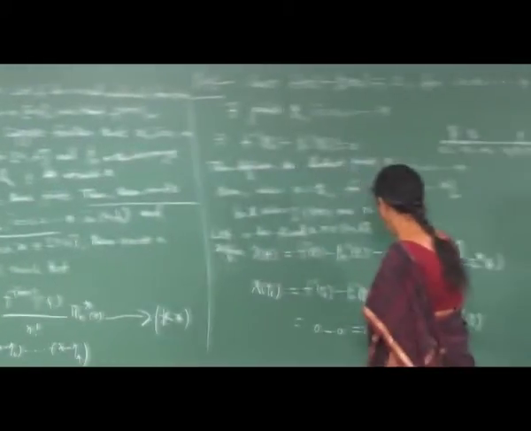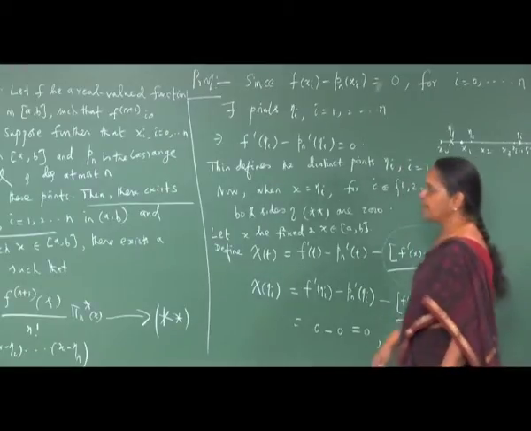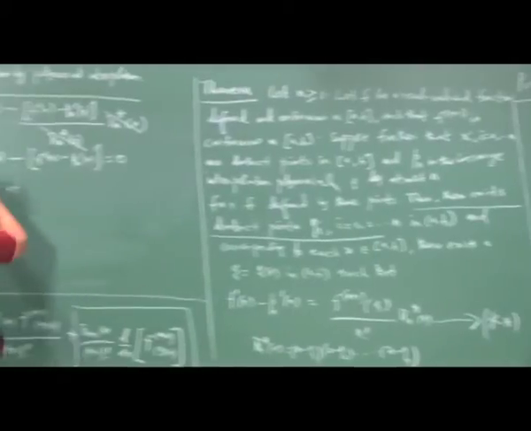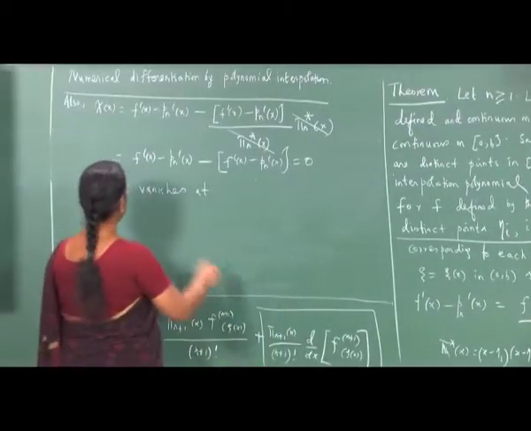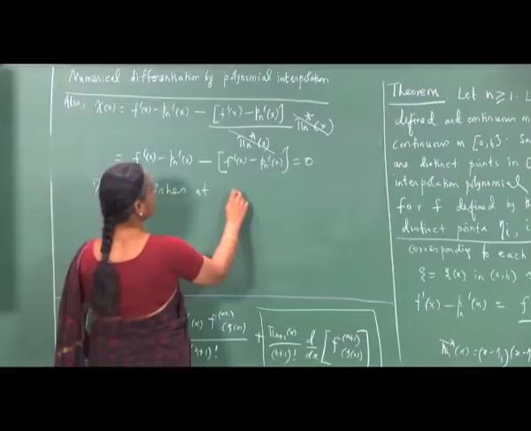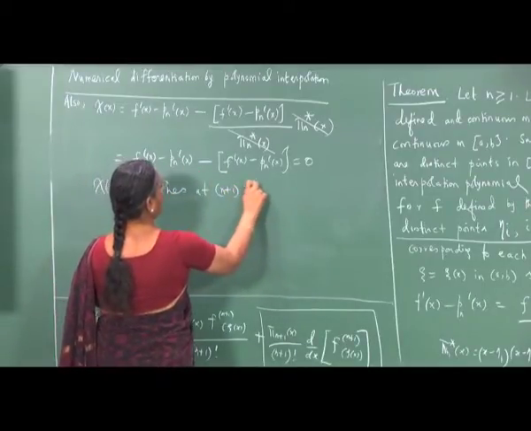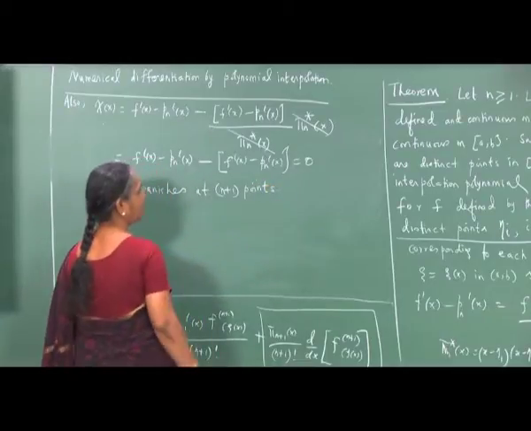At all the eta i, which are n in number and distinct, and at x where x belongs to (a, b). So, chi of t vanishes at n plus 1 points in the interval (a, b).